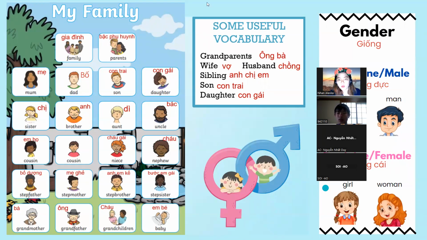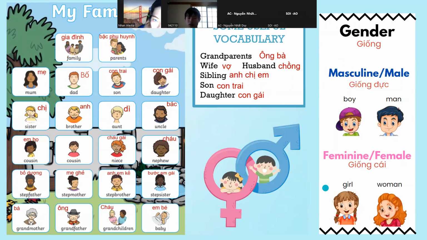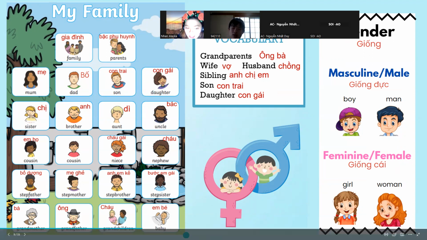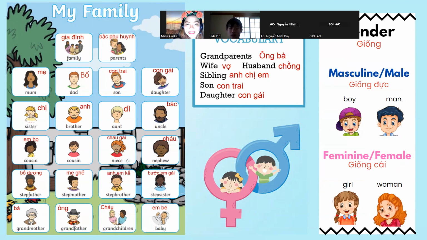All right, so now with this one, let's practice together. It's okay, Kwan. Can you say son, daughter? Son, daughter. We have here niece, nephew.